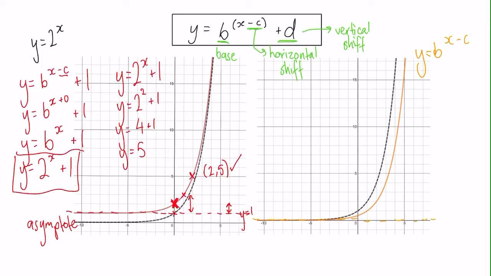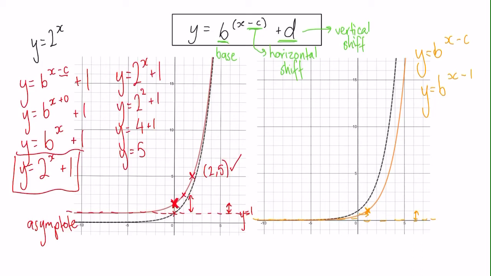So I go to the point that is 1 above my asymptote. Here it is. Usually that is right in line with the y-axis, but it has shifted to the right by 1. So that changes what goes up in the power. y equals the base number, x minus 1 is the power. Remember that horizontal shift is opposite of what we would expect. We move to the right by 1, so we put a minus 1 there.